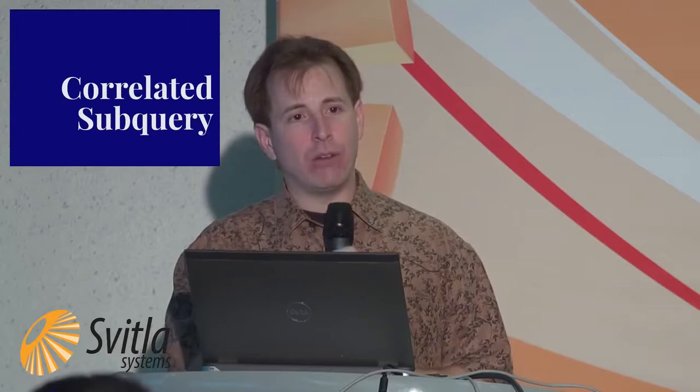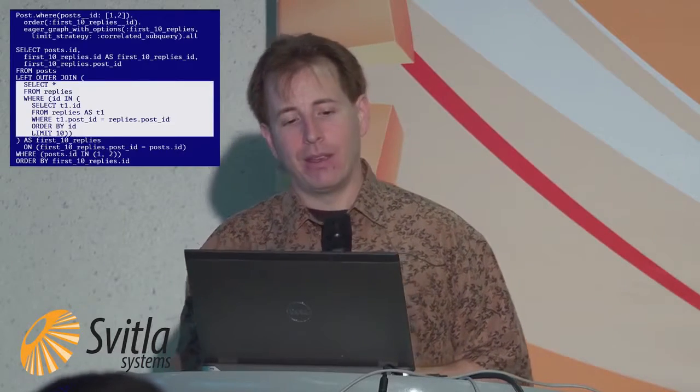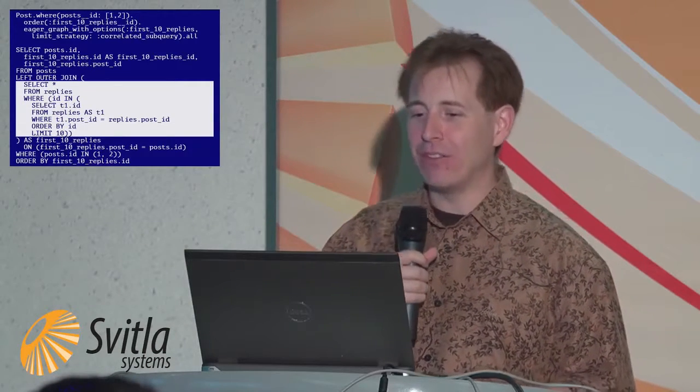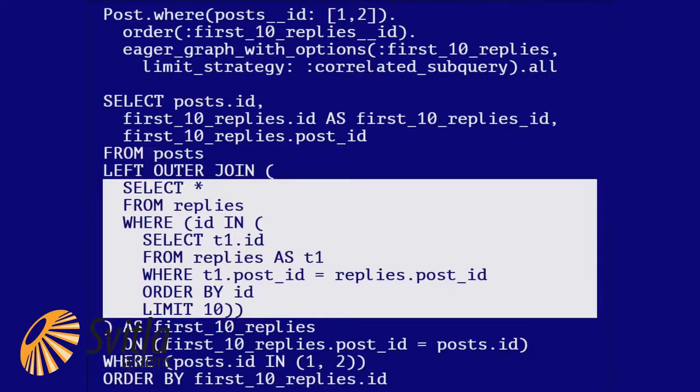Now we can also eliminate the union approach. We do not know which posts will be returned until the query is run, and therefore we do not know which subqueries to use in the union query. Now it is possible to use correlated subqueries for eager loading via joins. This SQL query implements a correlated subquery strategy for eager loading via joins, and the approach is similar to the approach used for a separate query per association.